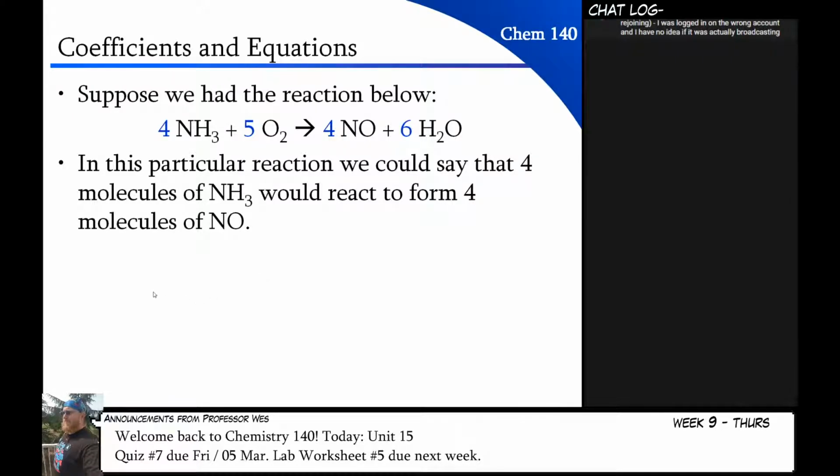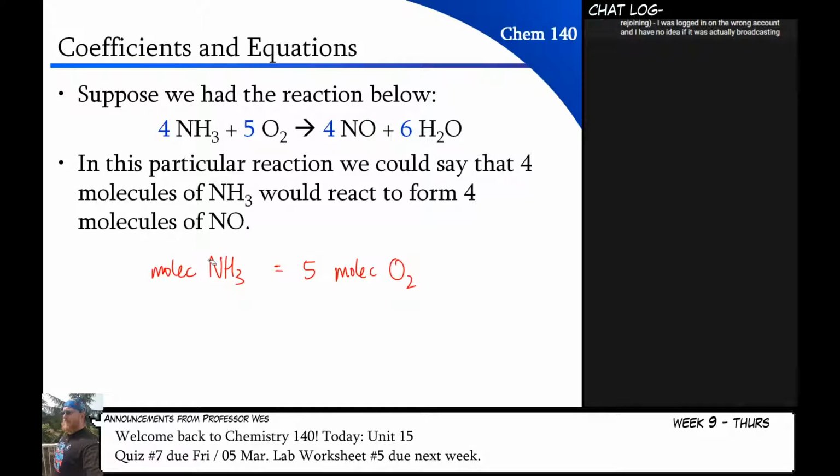So, for instance, I could write, 4 molecules of NH3 would react to make 4 molecules of NO. They make other stuff, but this relationship is true and we're looking at just those 2 things. Or I could write, I use 4 molecules of NH3 and that also requires 5 molecules of O2. So I'm comparing the 2 reactants here, for example.